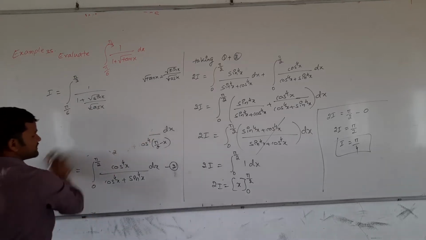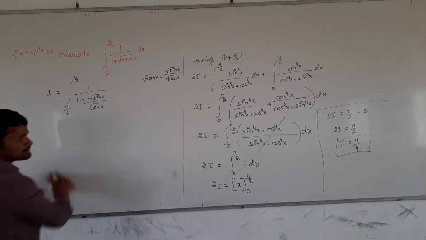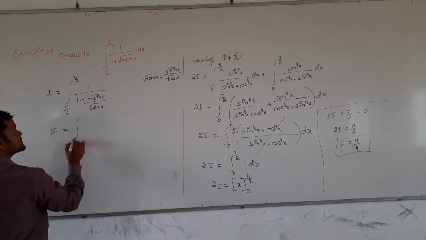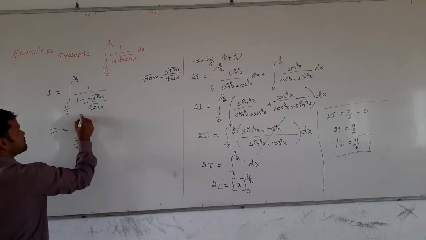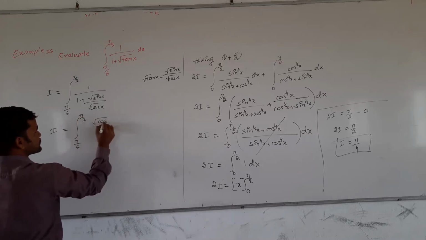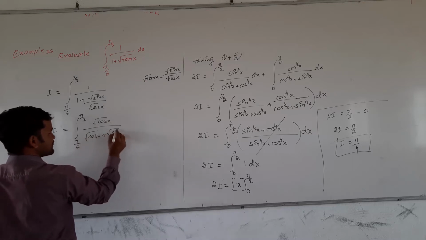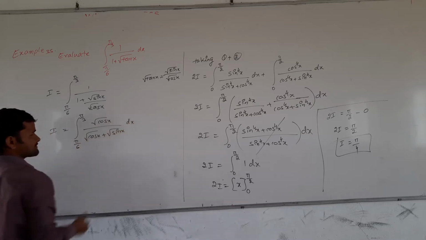If you simplify, what happens? I is equal to integral from pi by 6 to pi by 3, square root of cos x by square root of cos x plus square root of sin x into dx.